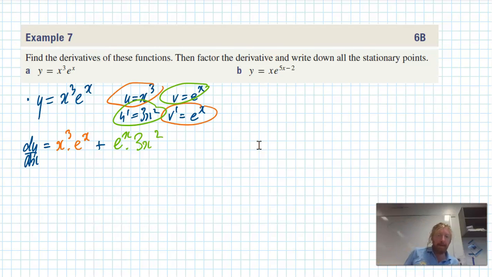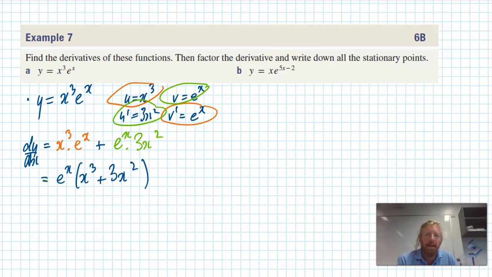Now factor the derivative and write down all the stationary points. This is really nice, and I want you to be able to see how to factorize this. If I look at it, I can see an e to the x, so I could factor that out. dy dx equals e to the x times (x cubed plus 3x squared).